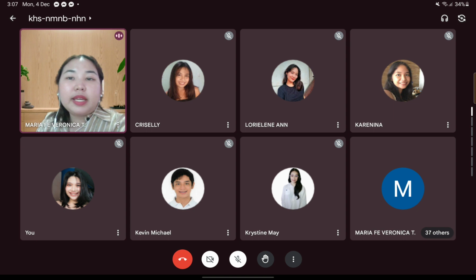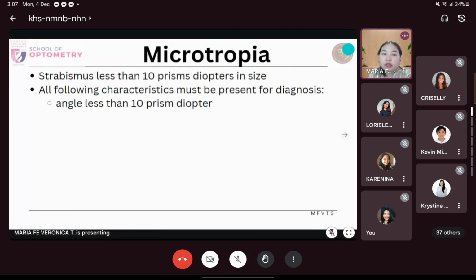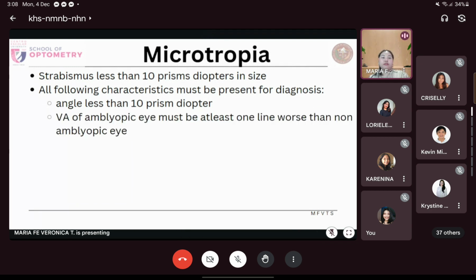Okay, nakikita ba? Okay, so based on the definition, the angle should be less than 10 prism diopters. Then the VA of the amblyopic eye must be at least one line worse than the non-amblyopic eye. Then there should be eccentric fixation. What do we mean kapag eccentric fixation?